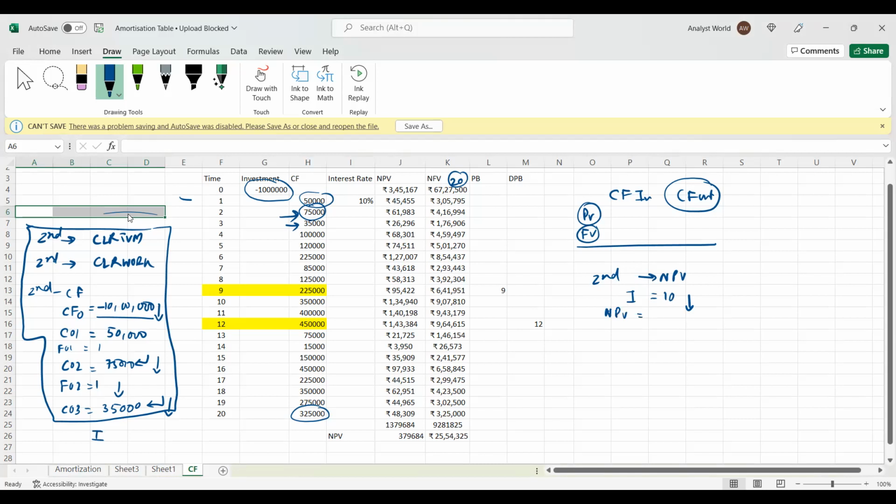Now I want you to press the CPT button. Can you do that?